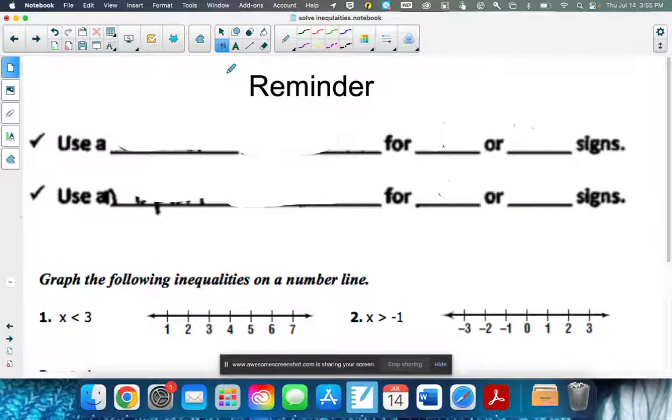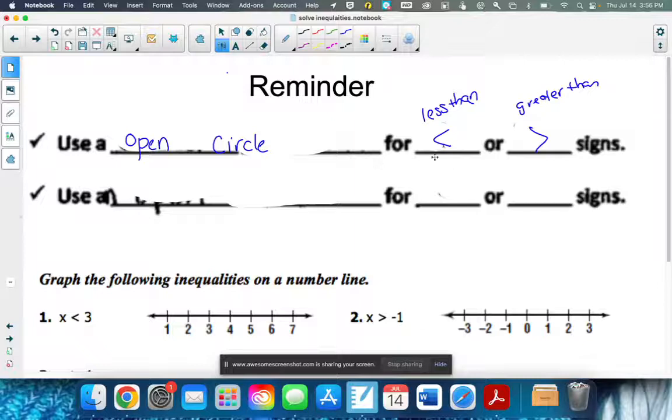Okay, so as a reminder, when you are graphing, you're going to use an open circle for less than, and I'm going to go ahead and write that out for those of you who have a hard time remembering which is which, or greater than signs.